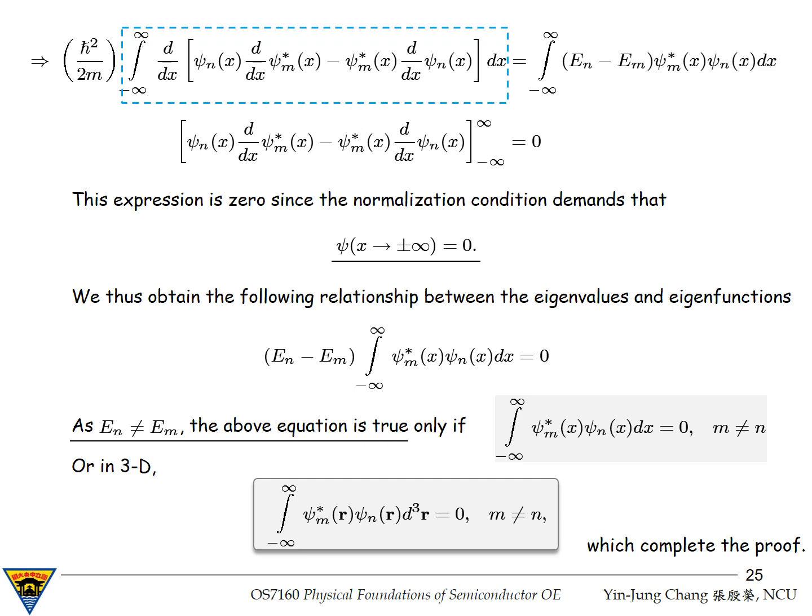We then generalize the orthogonality relation to 3 dimensions. Instead of integrating over one coordinate x, we integrate over whole space. The orthogonality condition becomes the expression shown here at the bottom of this page. So the idea is exactly the same as in one dimension, only the notation changes to 3-dimensional space.